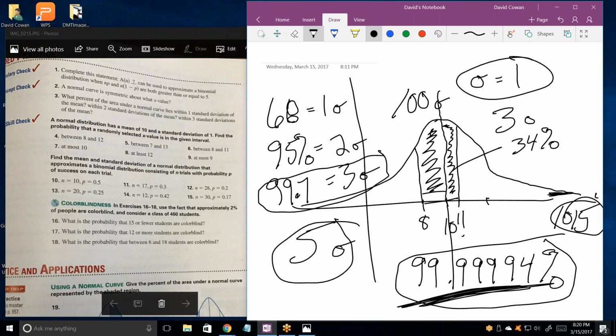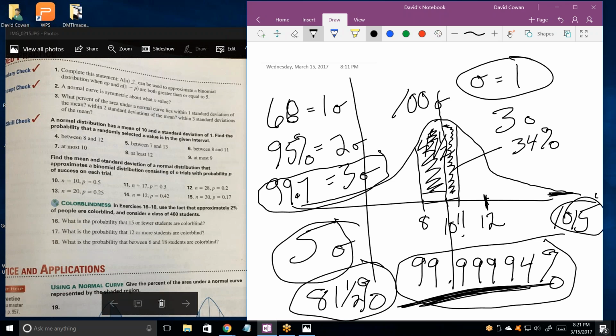If I was going from 8 to 12, remember that was 95%. So from 8 to 10 is half of 95%, that's 47.5%. Now I add the 47.5 to the 34, and I get 81.5%.